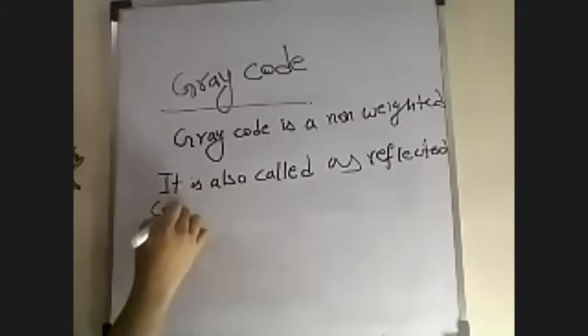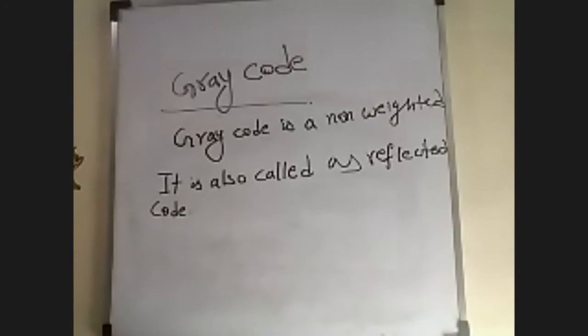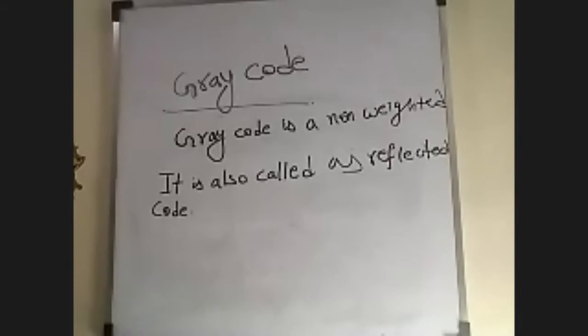Gray code is a non-weighted code, and it is also called a reflected code.